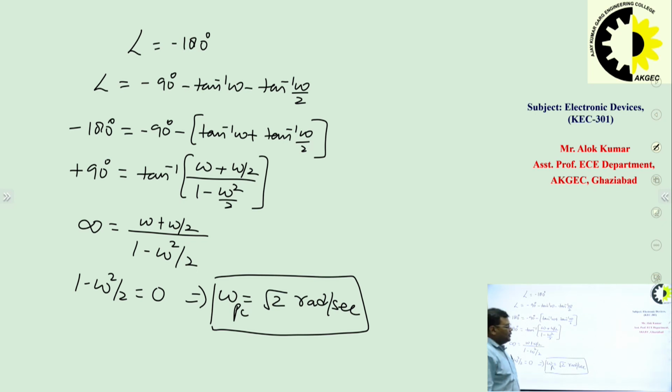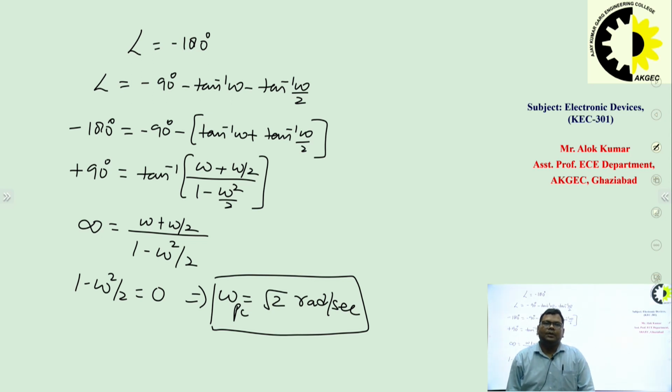Similarly, if I put magnitude equal to 1, then the frequency at which it happens is called the gain crossover frequency. So it is very easy to find these frequencies, and with the help of these frequencies we can tell about the stability of the system. Although in 99% of cases this method is valid, there are 1% cases in which we cannot apply this method.